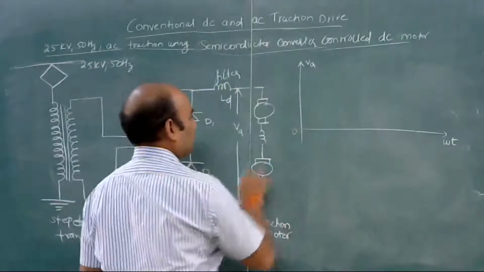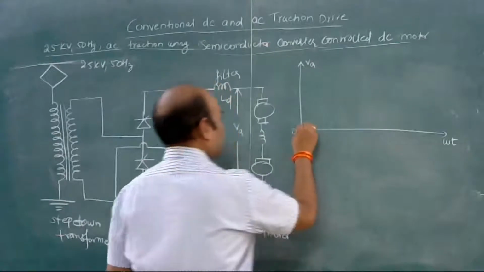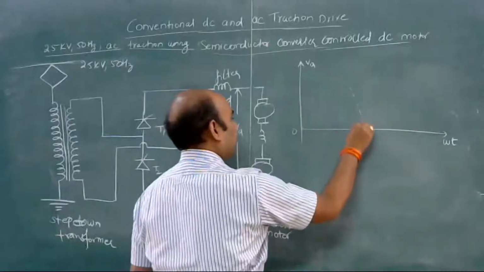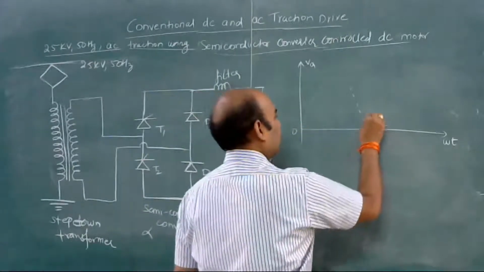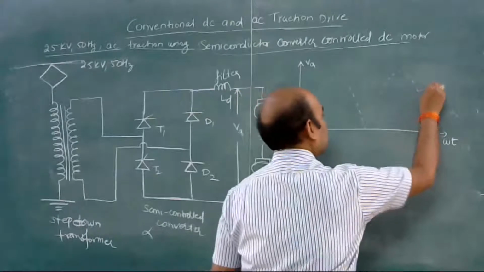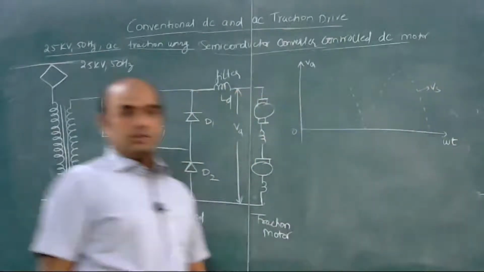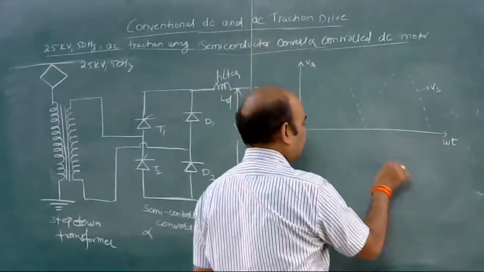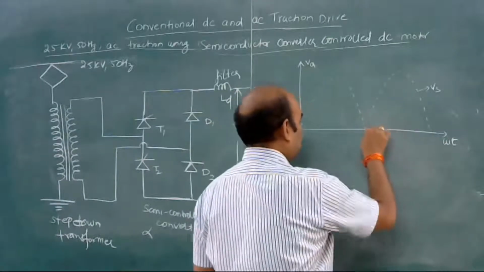It's from 0. So first we draw the supply voltage Vs. So this is Vs, the supply voltage. Okay. So it is like this. Okay, and it is a rectifier.